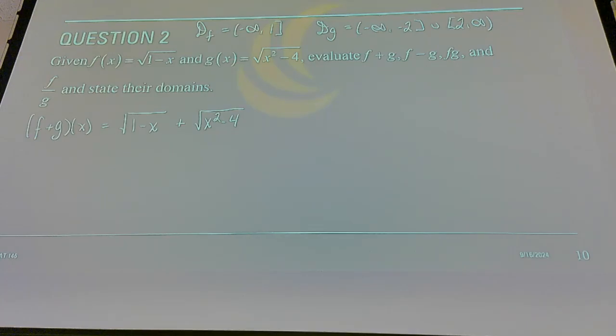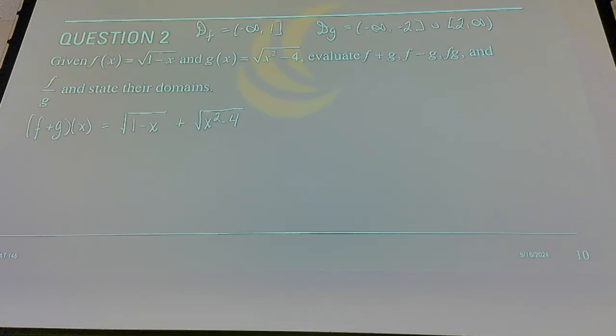F plus G, f of x plus g of x. Can that be simplified? Can't use square root.